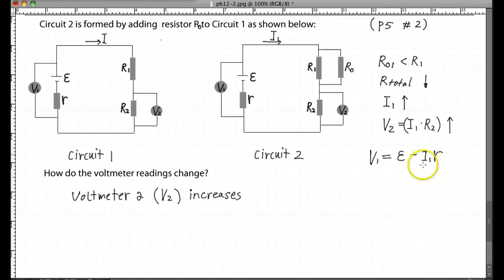The I1 is greater than the I. So since you subtract something greater, as a total, this one is going to drop. So the answer is voltmeter 1, the V1, is going to decrease.